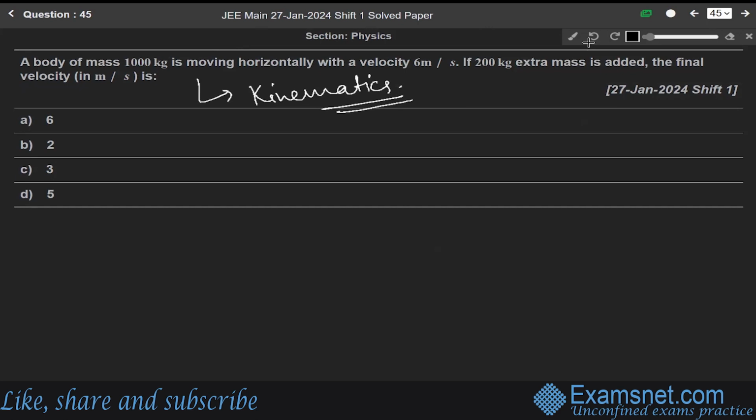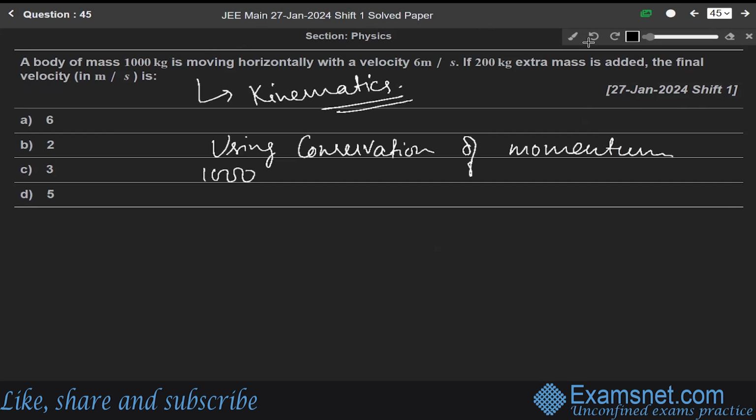According to this, the initial momentum will be equal to the final momentum using conservation of momentum. At first, there is a mass of 1000 kg moving with a speed of 6 meter per second, and after some time 200 kg extra mass is added to it.